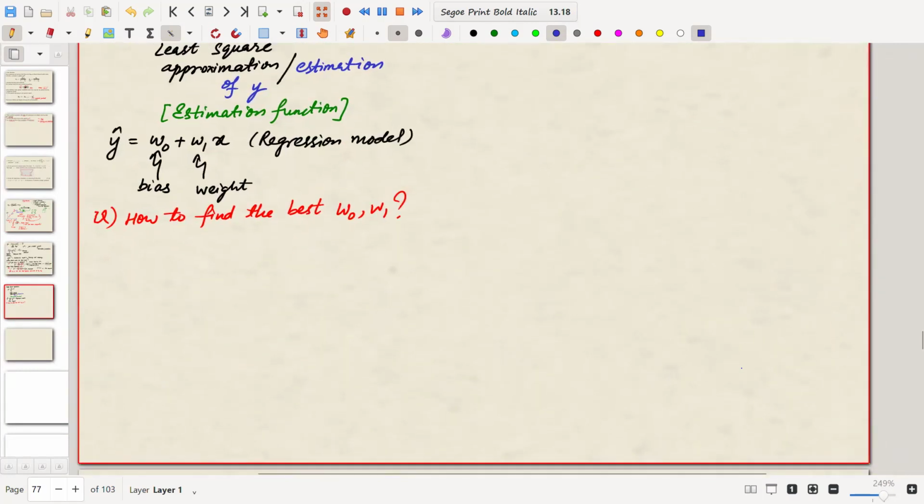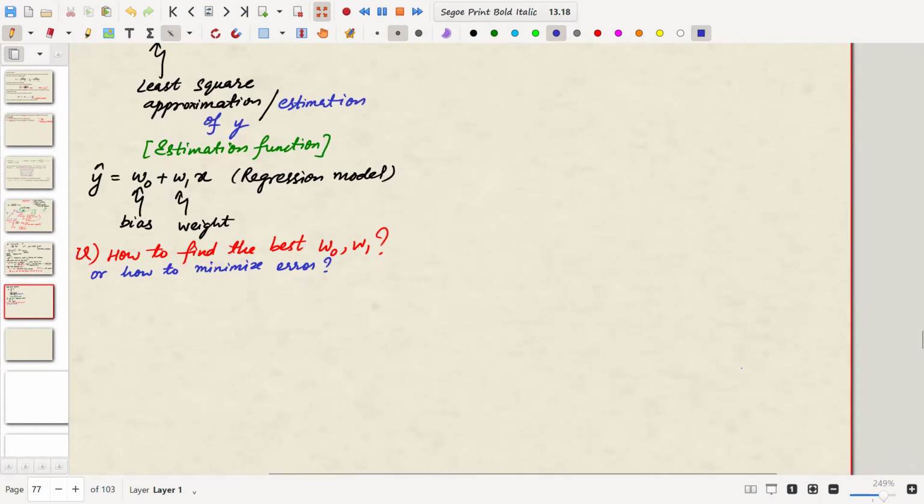So how to find the best w0 and w1? Or the question is how to minimize the loss, how to minimize the error. Those errors, which we denote by E, depend on w0 and w1, isn't it?